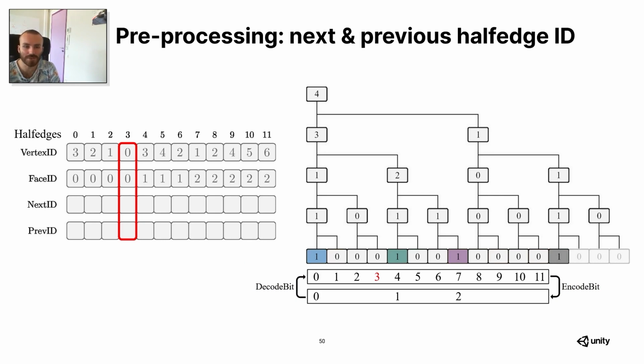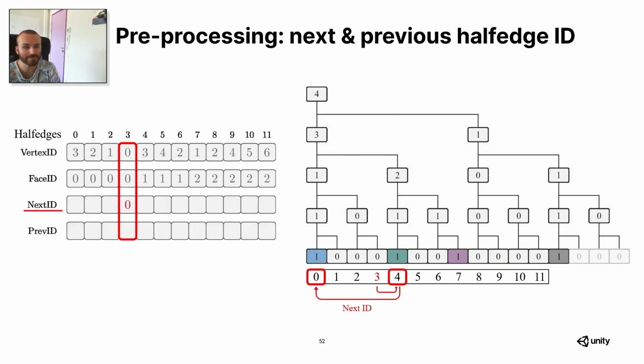So here what I'm showing you is the execution of a specific thread that corresponds to the third half-edge. We use the binary search to get the ID of the first half-edge of the current face and of the next face. Here this gives us half-edge number 0 and number 4, which are part of face number 0 and number 1 respectively. This allows us to know how many half-edges are contained in the current face.